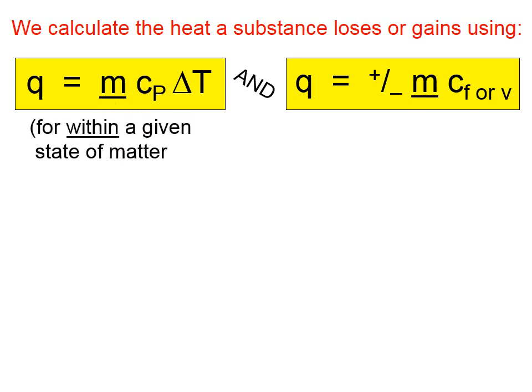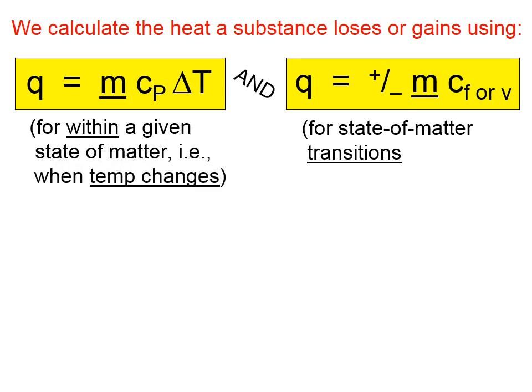The one on the left is used whenever we're within a given state of matter. We're at some temperature for a liquid and we're heating it up to warm the liquid. The equation on the right is when we're changing states of matter. So when something is melting or freezing or boiling, we would need to use the equation on the right.